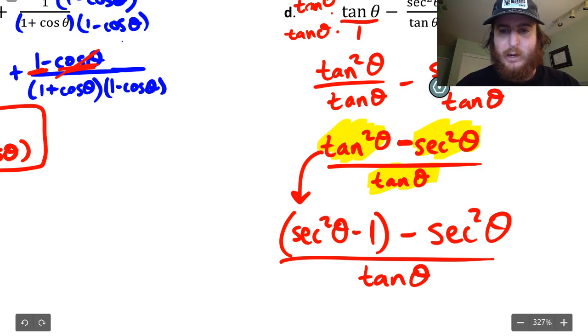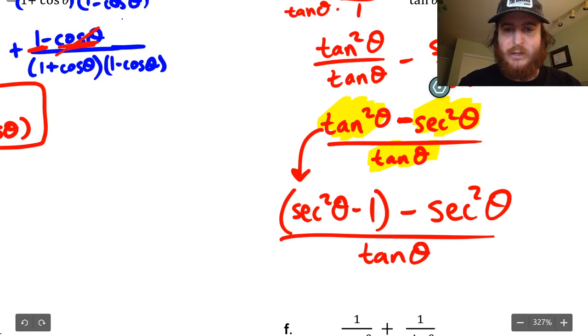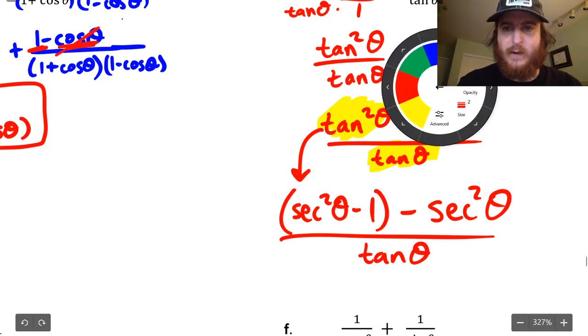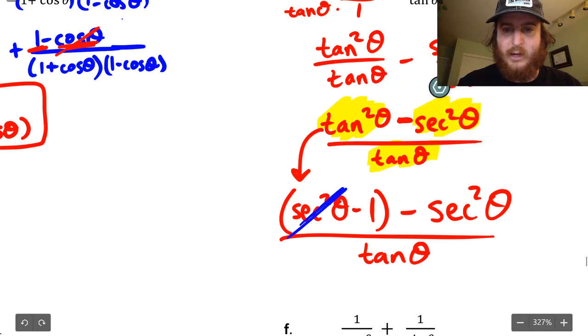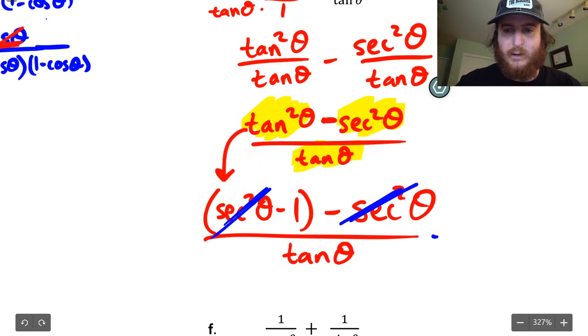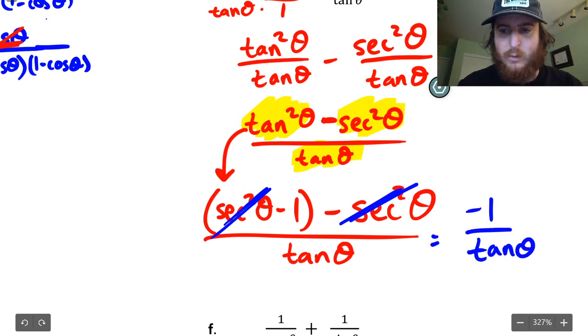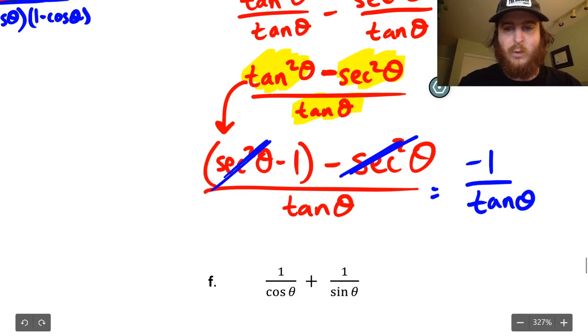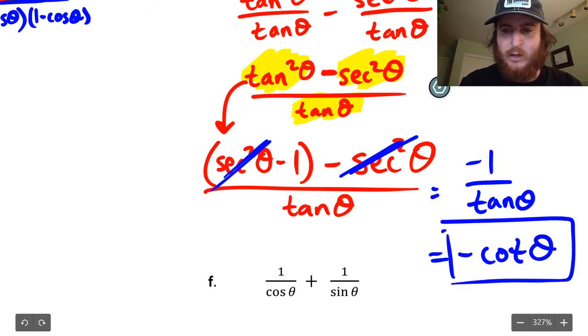And then, looking at simplifying, combining like terms, secant squared theta minus secant squared theta, that's going to cancel out. And we're left with negative 1 divided by tangent theta. Now, that's almost the answer, but not quite. Whenever we have 1 over tangent, that can be simplified to cotangent theta. Don't forget about the negative sign.